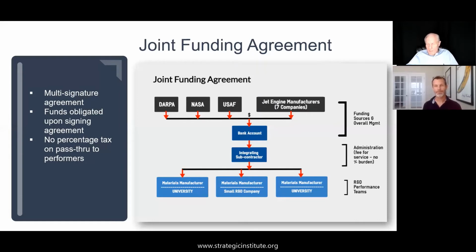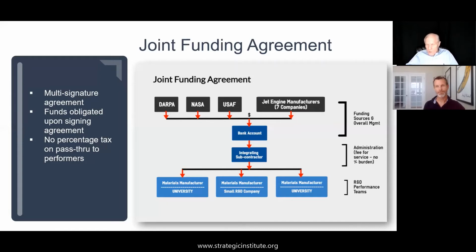The private industry companies selected an integrating subcontractor. That's the terminology that they use. It performs a function somewhat like the consortium management firm that we have in these common consortia agreements.